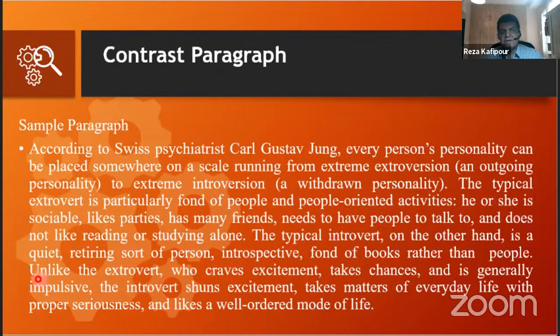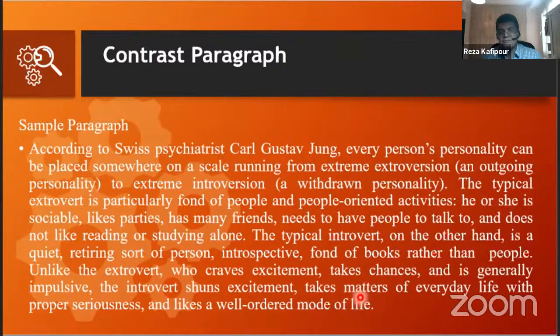But let's see what happened in the other part of this paragraph. Unlike the extrovert, who craves excitement, takes chances, and is generally impulsive, the introvert shuns excitement, takes matters of everyday life with proper seriousness, and likes a well-ordered mode of life.